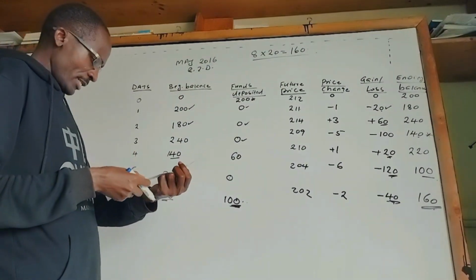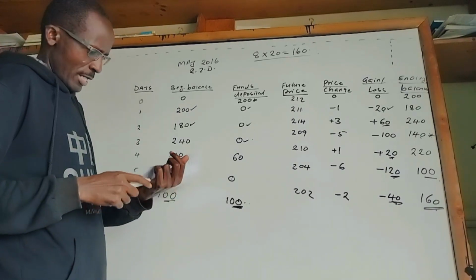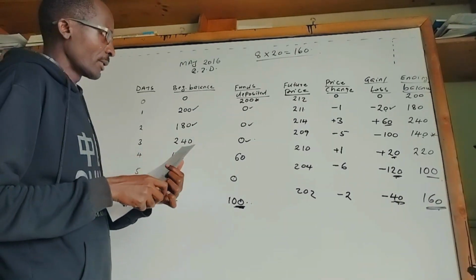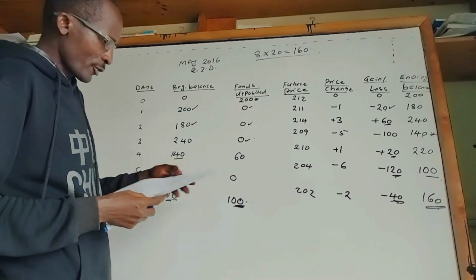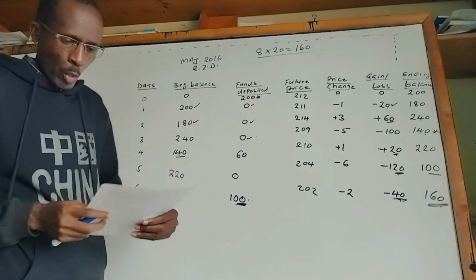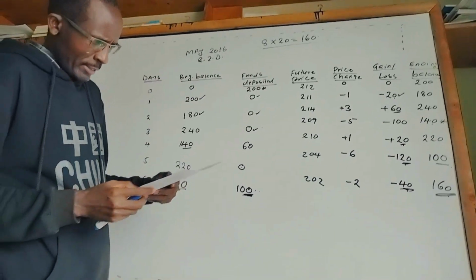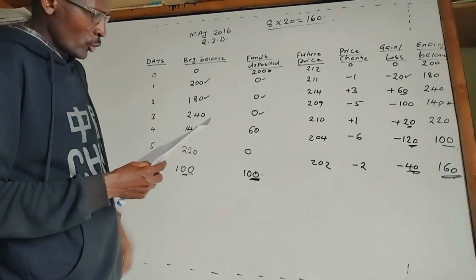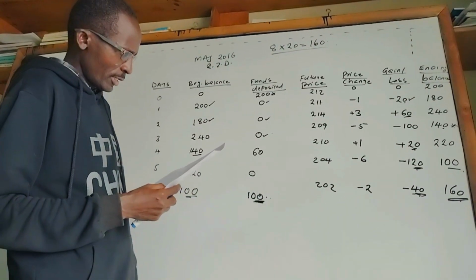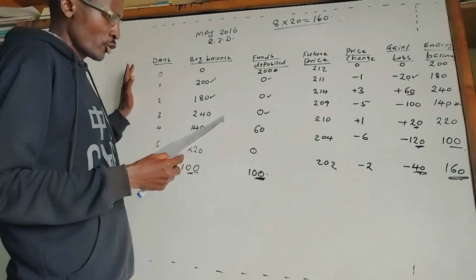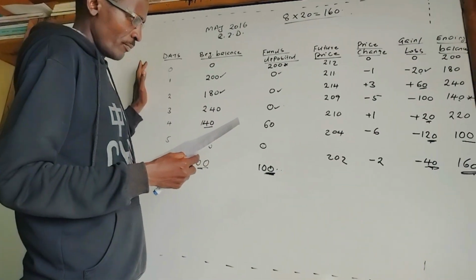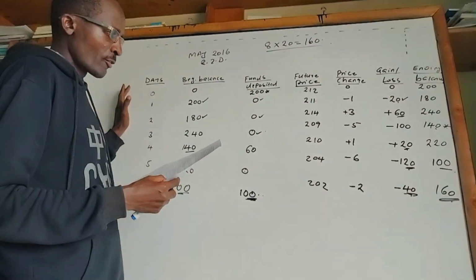But I want to read some notes here which explain further what is happening. Let's compare with what is in our book and what is in our notes. For those who have purchased the textbooks, you find these explanations in your study text, as well as in your revision kit.